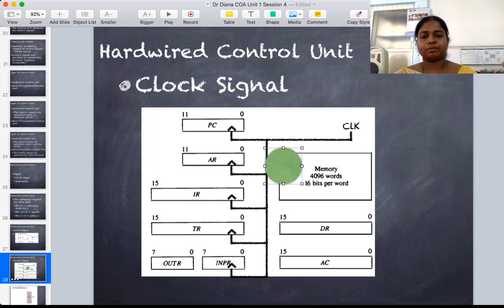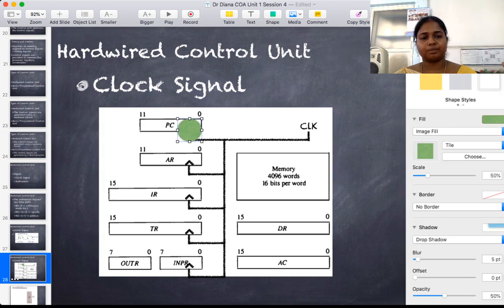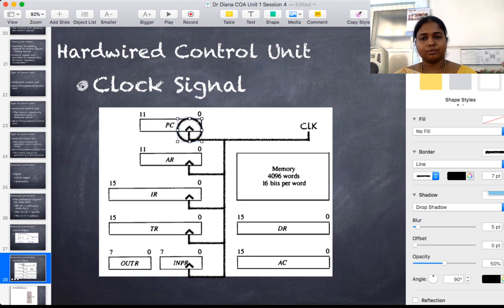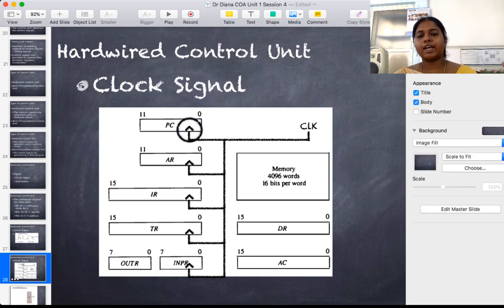The one that you see here indicates a clock cycle. Do you see the arrow there? That is an indication of the clock cycle.